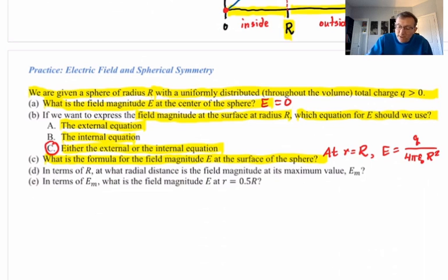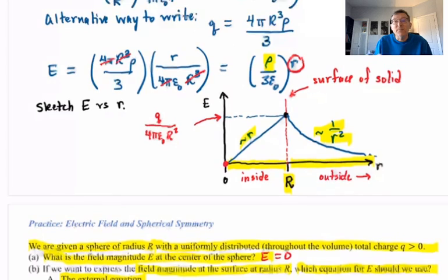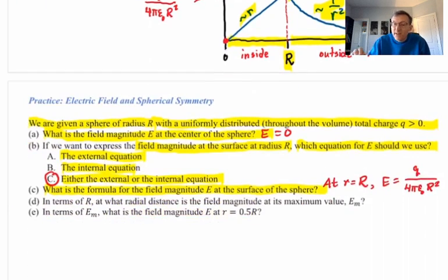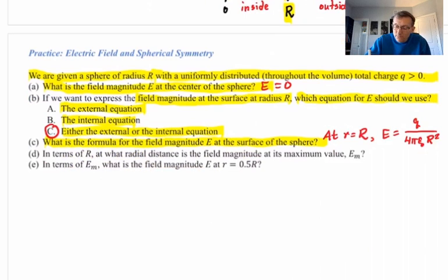And we saw from that graph that I made that that's the place where the electric field has its biggest magnitude, right? That's the highest point on the graph right there, when little r equals big R. So we're going to call that magnitude there that I just wrote down that formula for E_M, for max, because that's where the field magnitude is biggest, at the surface. That's a very useful thing to remember.